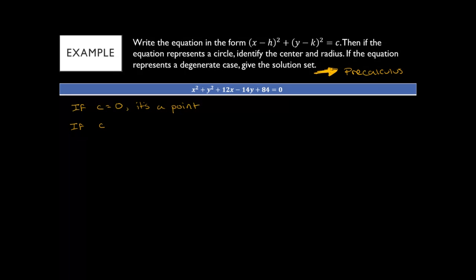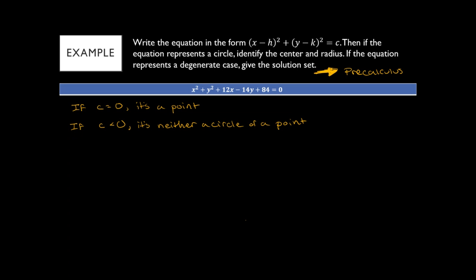If c is less than 0, that means you've got a negative radius. It's not a circle or a point. That's like the degenerate case. It's neither a circle nor a point, because you would have to take the square root of a negative number, and you're going to get a complex number.